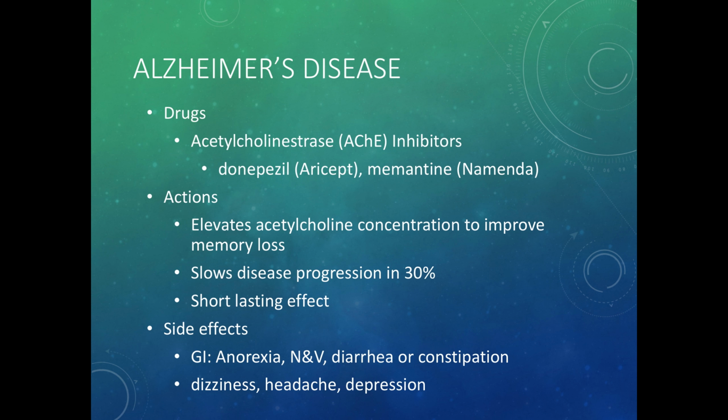The goal of donepezil or memantine, which are Aricept or Namenda, are to hold the disease in a state for a longer period of time. So wherever you capture that disease progression, we hope to slow that down and hold off the progression of it. That's what these medications are meant to do.